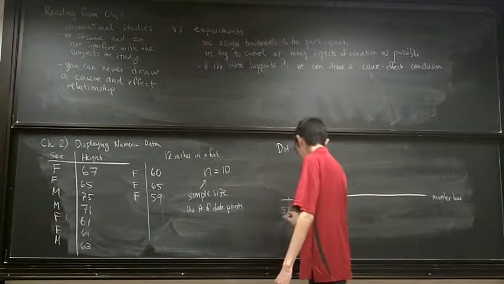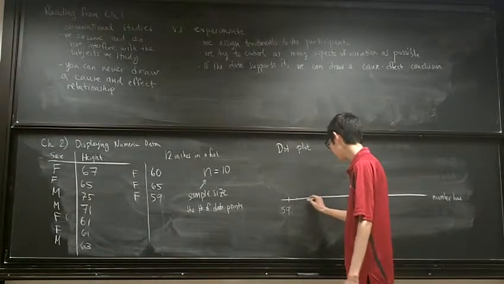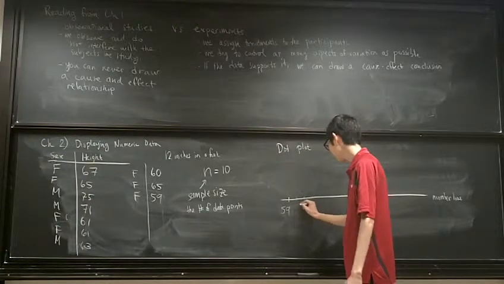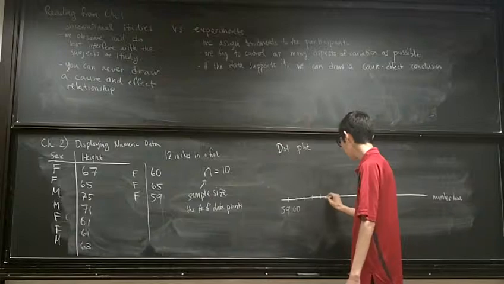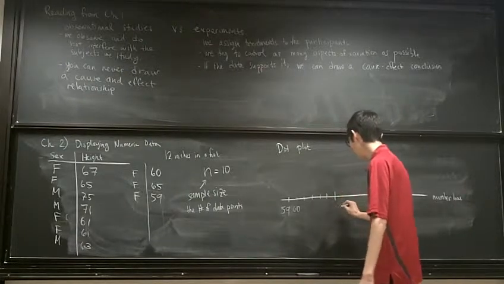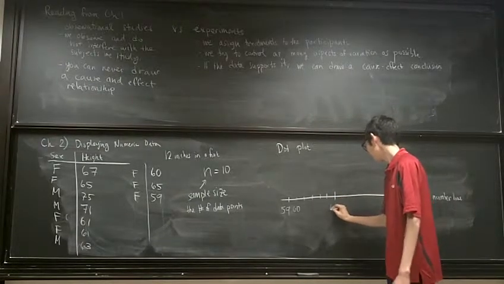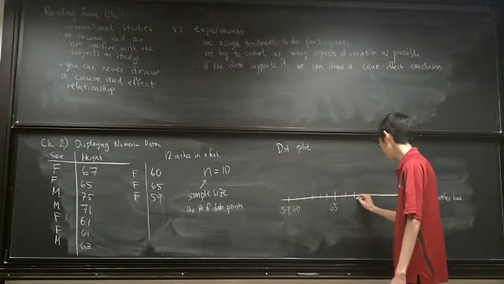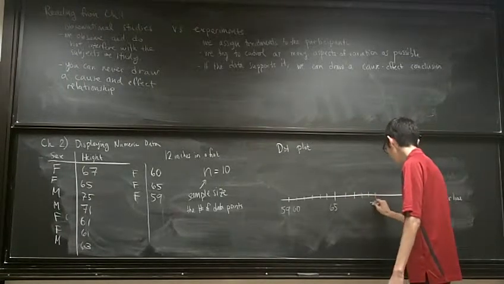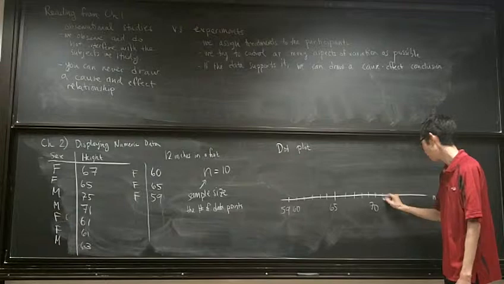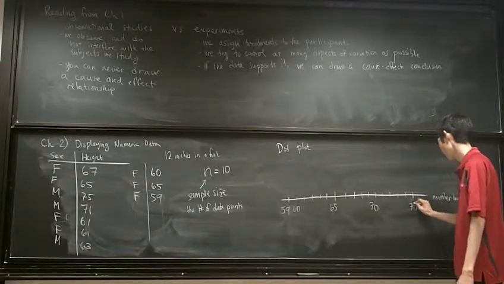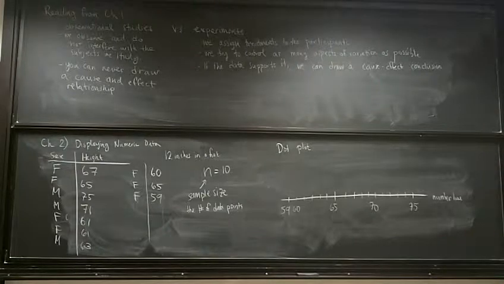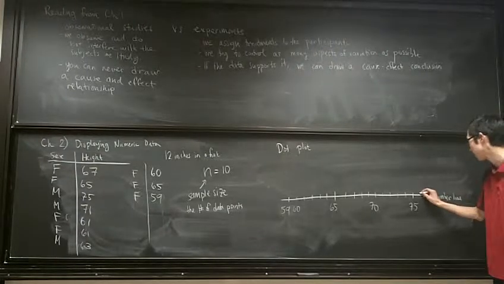So we got 59, 60, 61, 62, 63, 64, 65, 66, 67, 68, 69, 70, 71, 72, 73, 74, 75. Okay, and that seems to be the highest number we have.